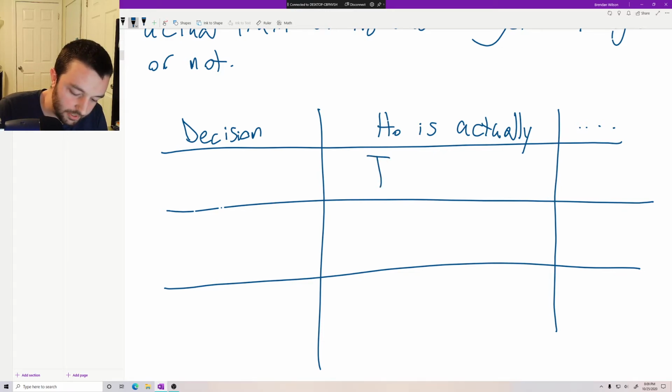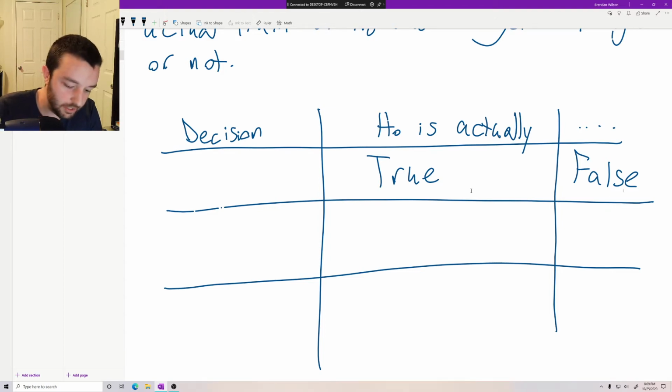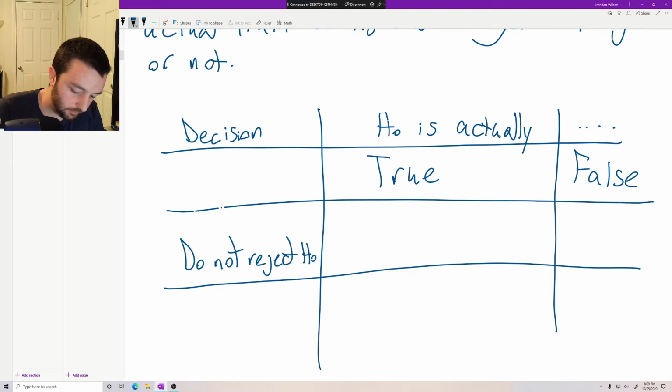So we could have H naught actually be true or actually be false. Okay, so these are the two possibilities. So we make our decision. So in reality, H naught could be true or false. Our decision could be that we do not reject H naught or we reject H naught. Okay.